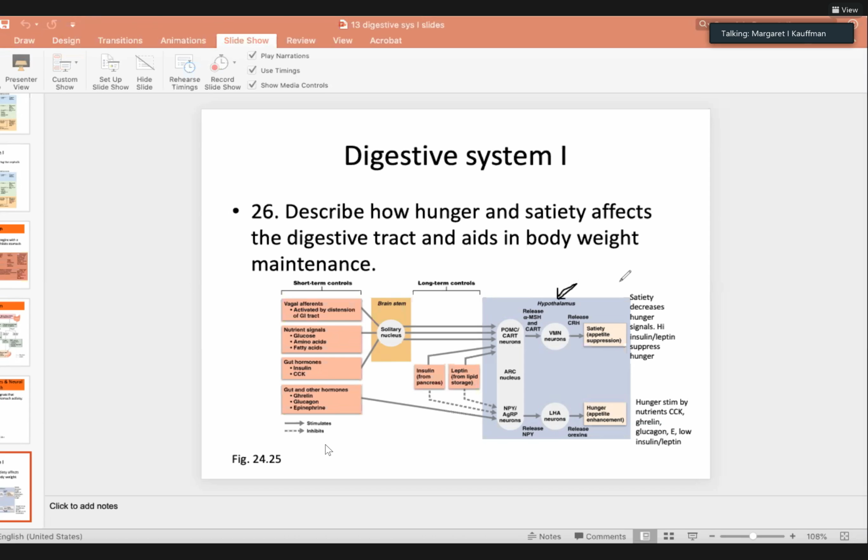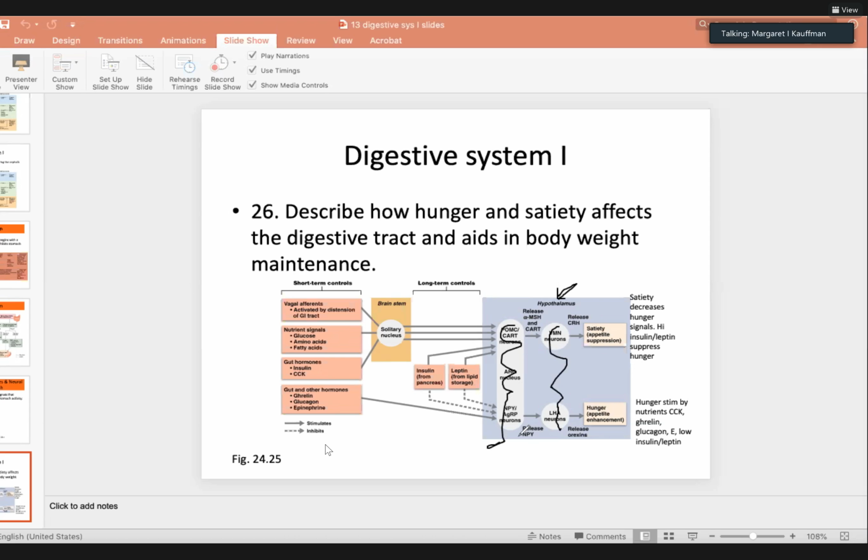If you go back to 103A, that was one of the negative feedback functions of the hypothalamus, the hunger satiety response. Now, if you look at this, it looks ungodly complicated. Don't worry about it. I'm not going to ask you anything about all of this. What I want you to focus on is whether you're feeling satisfied, your appetite is suppressed, or whether you're hungry.